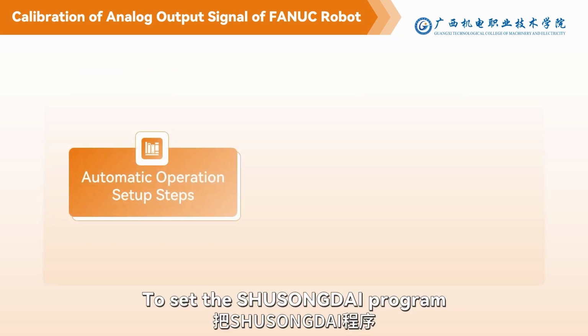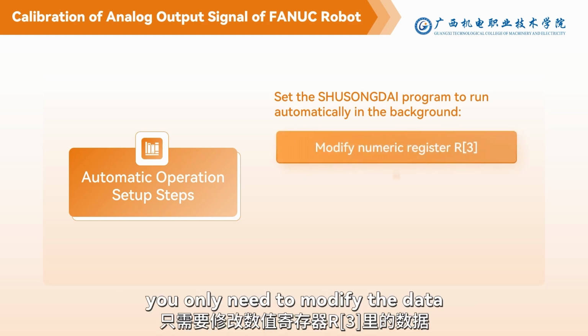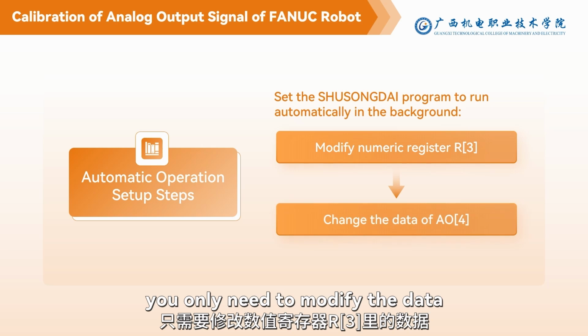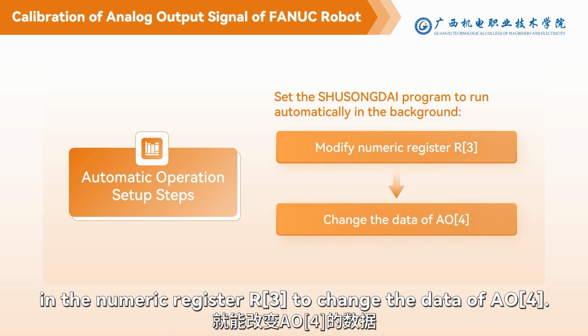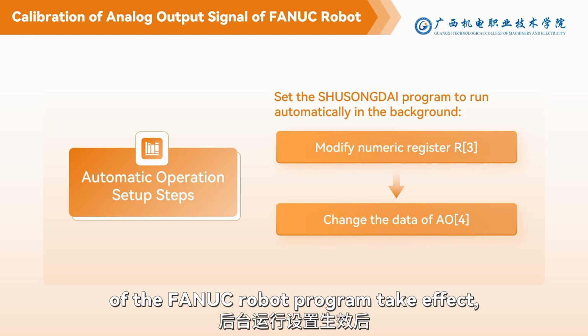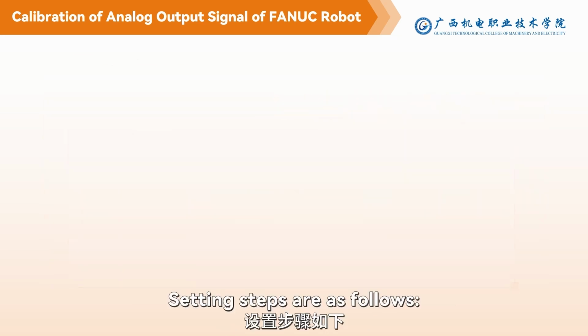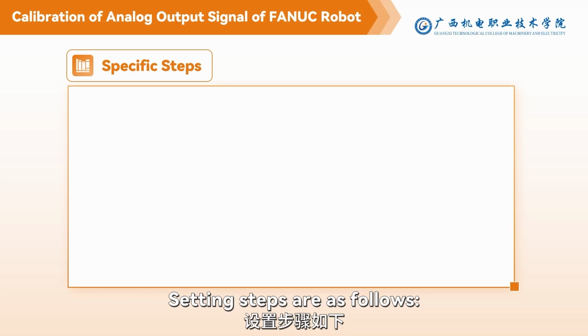To set the 输送带 program to run automatically in the background, you only need to modify the data in the numeric register R3 to change the data of AO4. After the background running settings of the FANUC robot program take effect, it can automatically run in real time. Setting steps are as follows.